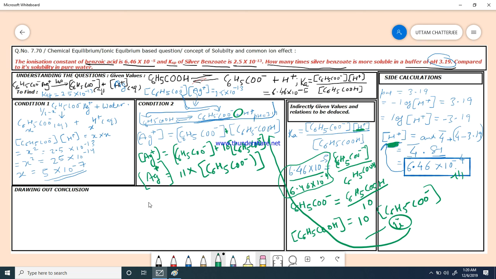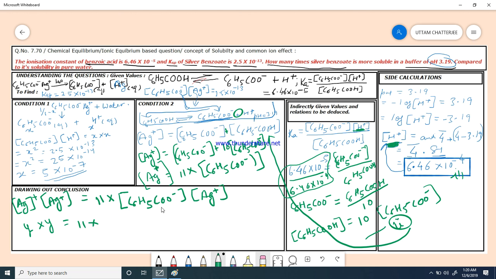Multiplying by Ag plus on both sides, it will be 11 into the concentration of C6H5COO minus into the concentration of Ag plus. The value of this much is given. Let the value of this be equal to y and the value of this be also equal to y. Obviously it will become 11 into the solubility product of these ions, 2.5 × 10 to the power minus 13.